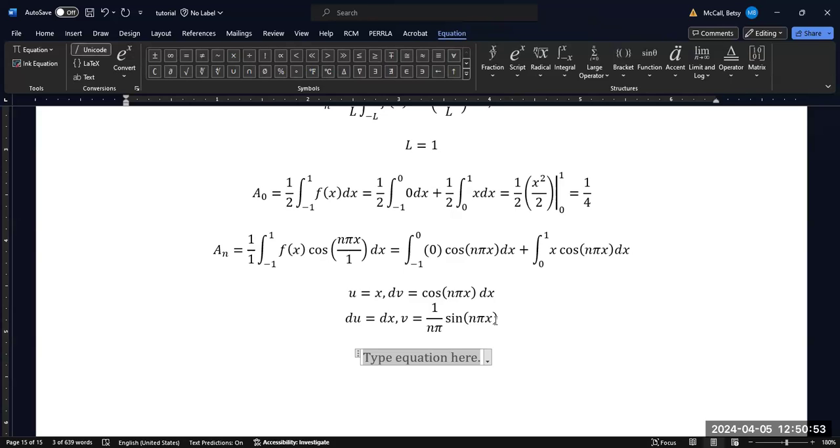And so uv is going to give me x over n pi sine n pi x minus, and now I'm going to integrate v du, which is just the integral of this, and the antiderivative of sine is going to give me a negative cosine, so it'll become a plus, and then I'll also have to divide by another n pi.